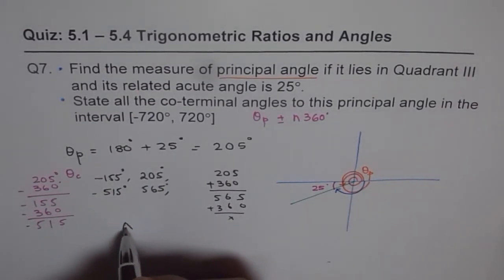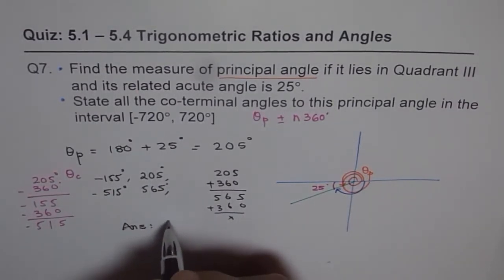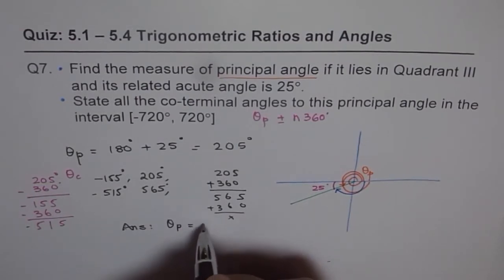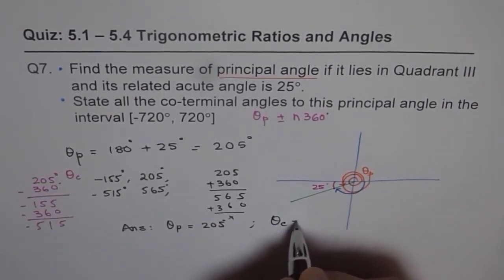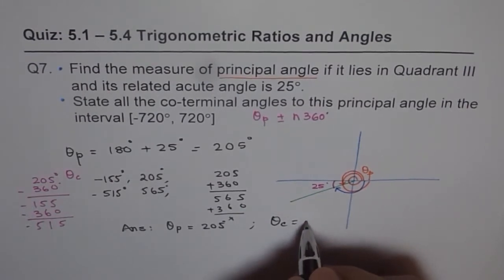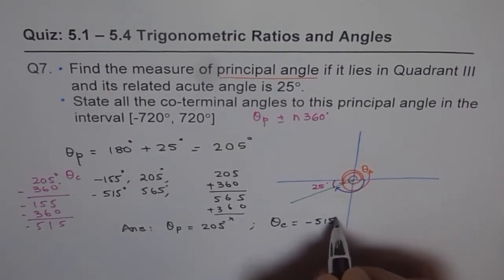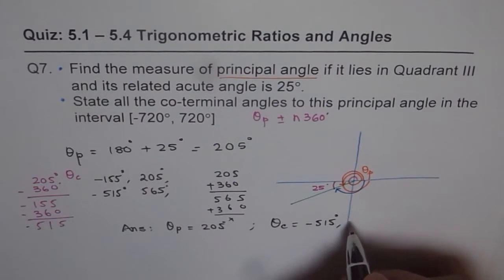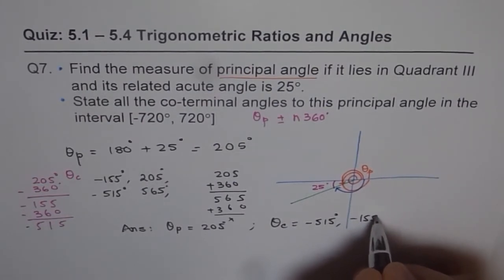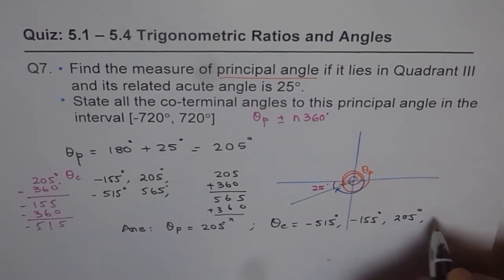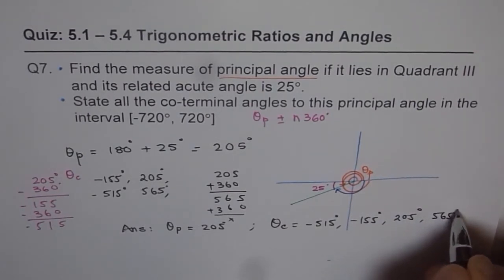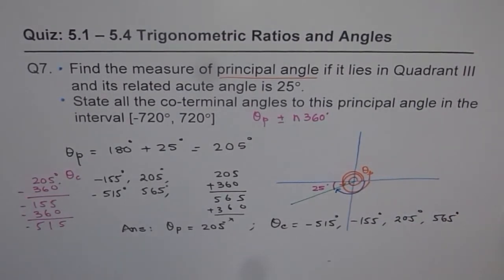The principal angle theta p is equal to 205 degrees, and the coterminal angles are minus 515 degrees, minus 155 degrees, 205 degrees and 565 degrees. So these are all the possible answers for the coterminal angles. Okay, that's how we solve this. Thank you.